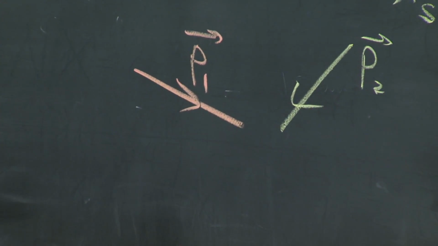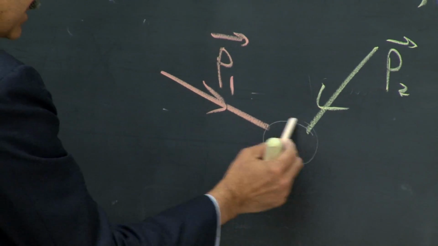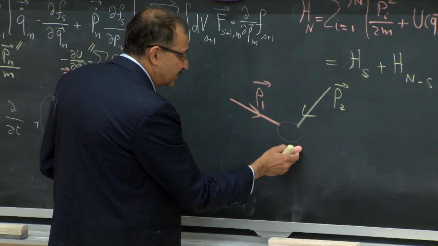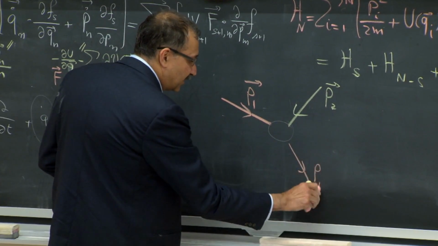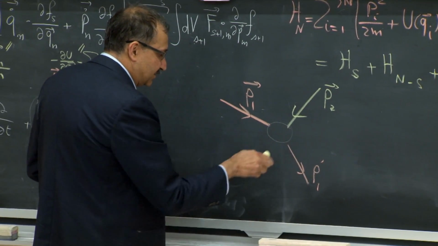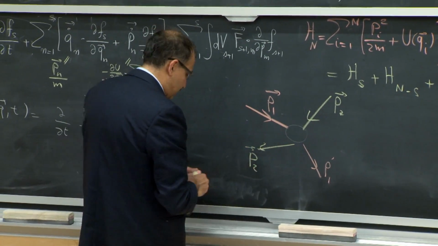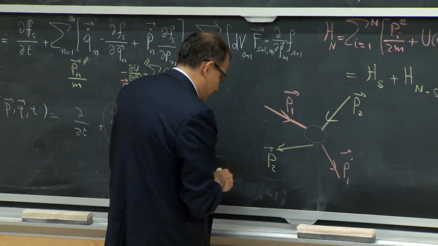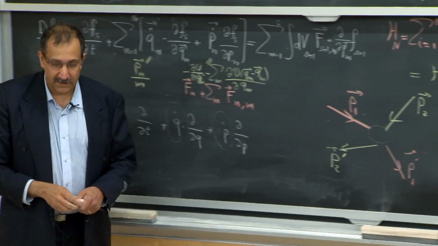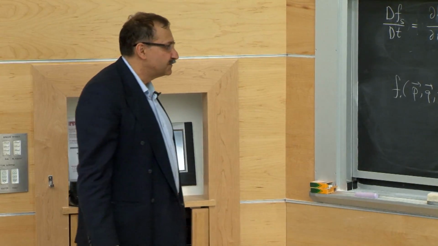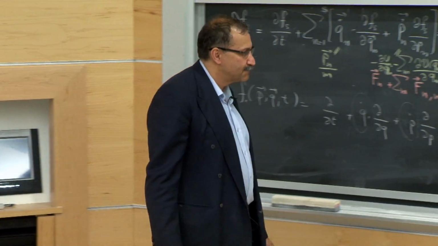And presumably, they come close enough to each other so that afterwards, the momenta have changed over. So I have some P1 prime, and I have some P2 prime. And we want to make sure that we characterize this correctly.